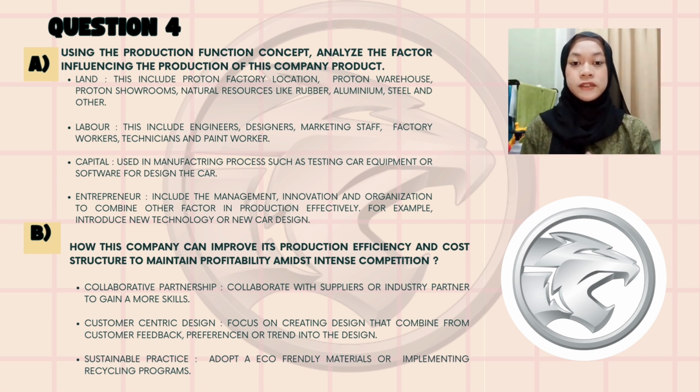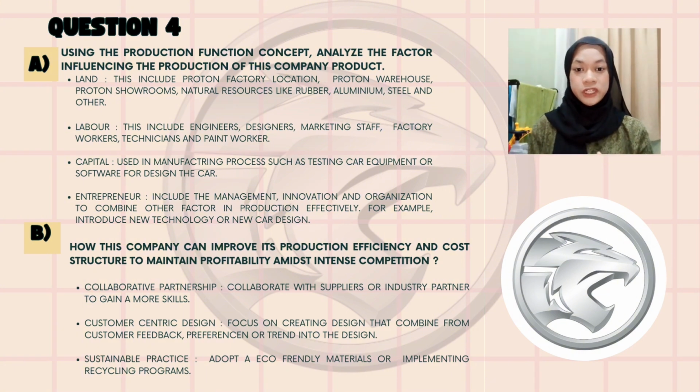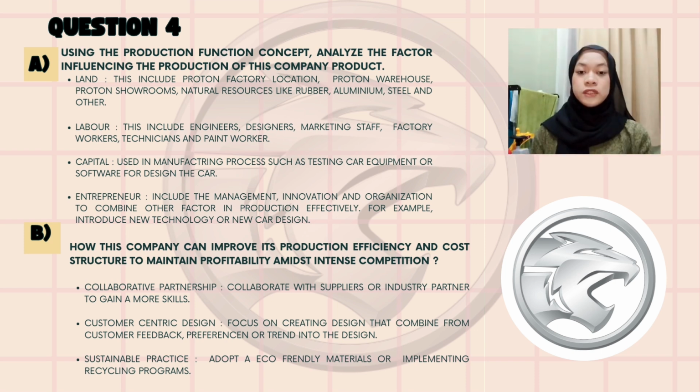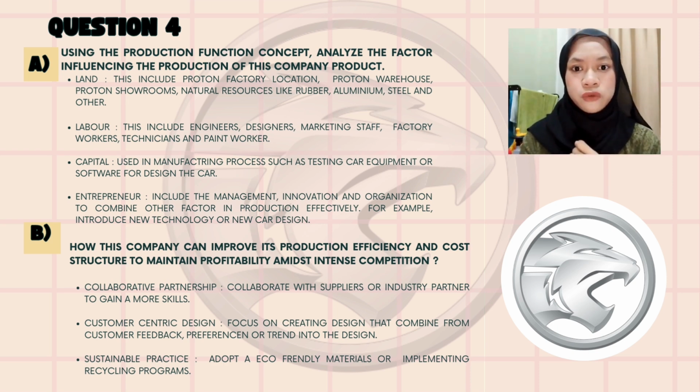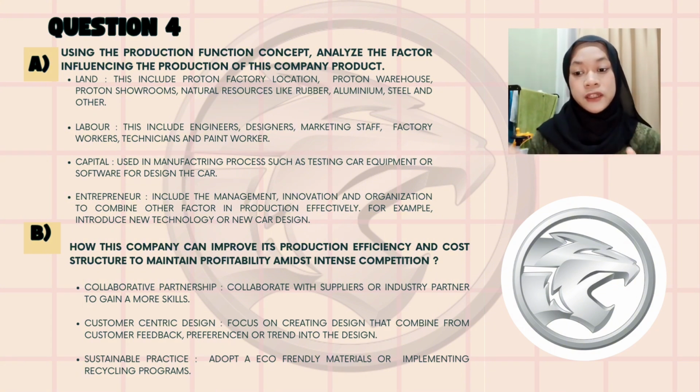For question B, discuss how this company can improve its production efficiency and cost structure to maintain profit amidst intense competition. Firstly is collaborative partnership. This company can collaborate with suppliers or industry partners to develop innovative solutions, share best experience or practice, and improve the supply chain.